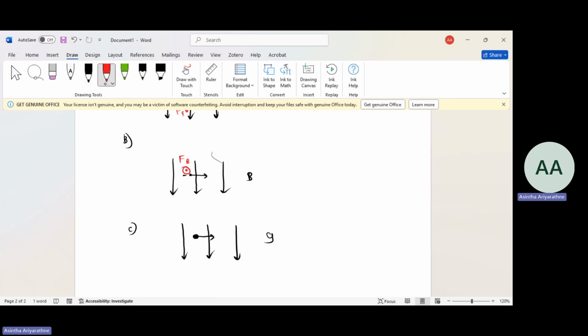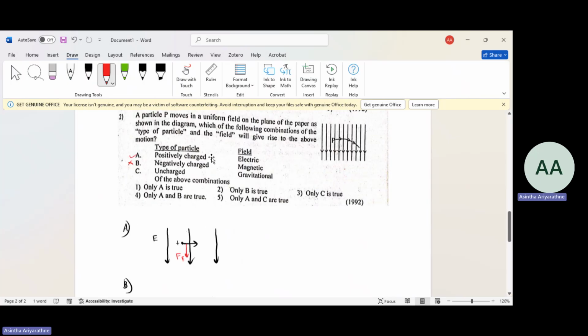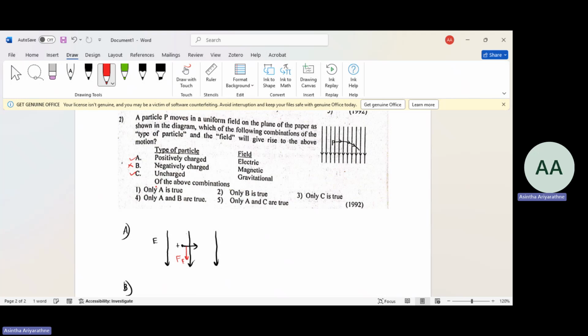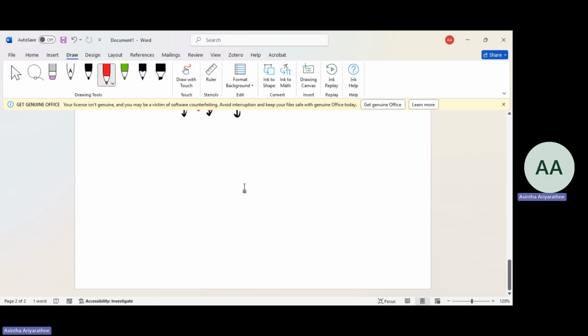So that is also correct. mg acts downward, so the particle will be shifted downward. C is correct. The answer is A and C, the possible combinations.